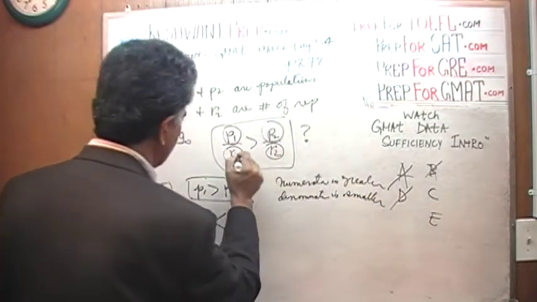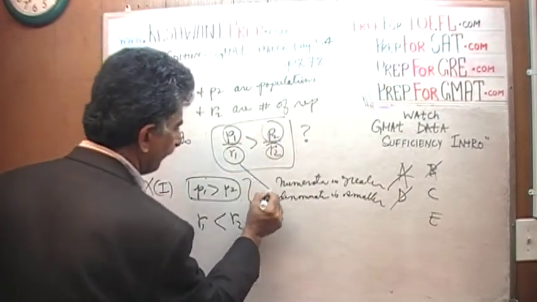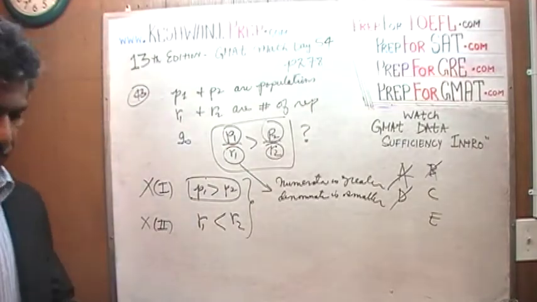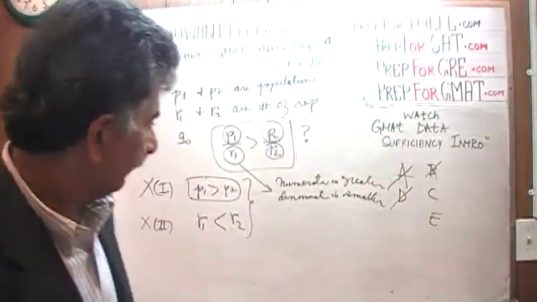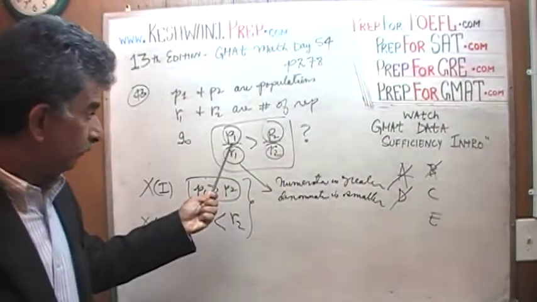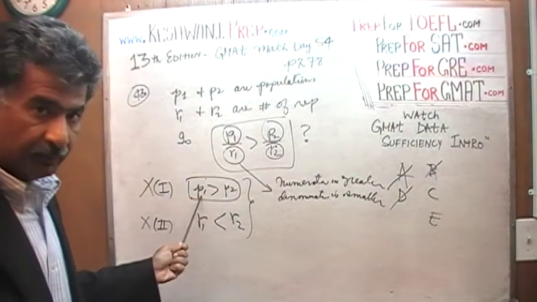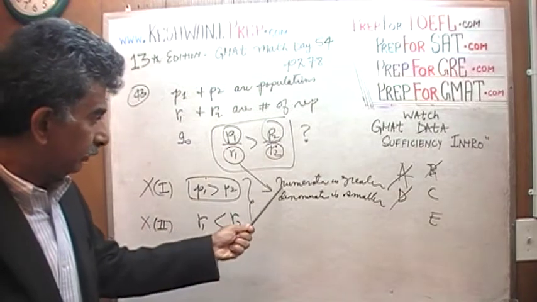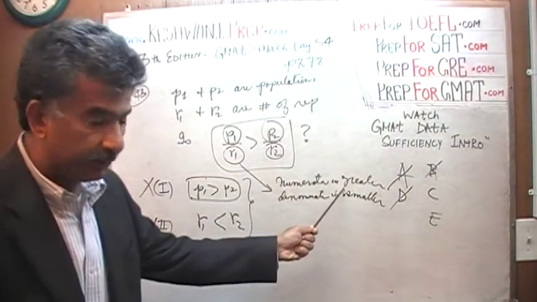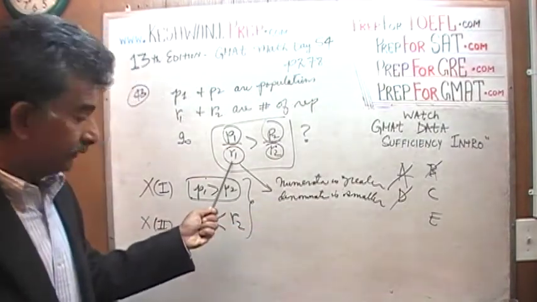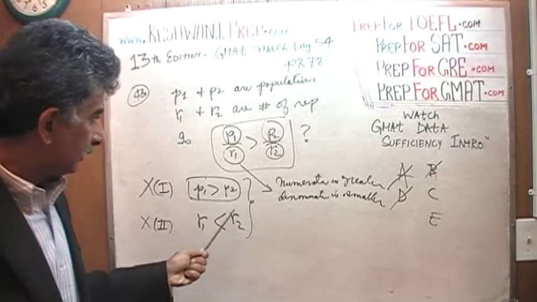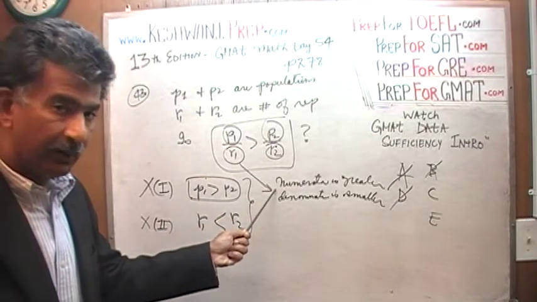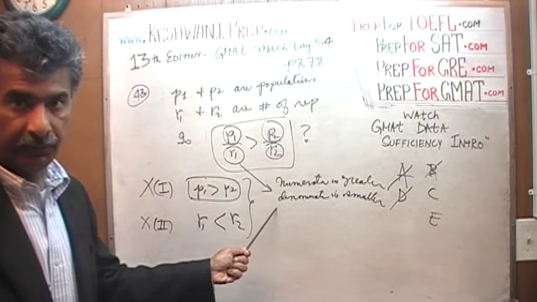We're talking about this particular ratio here. In town 1, we have more people. The population of town 1 is greater than the population of town 2. So in town 1 we have more people, the numerator is greater, and it has fewer representatives. R1 is smaller than R2. So it has more people and yet fewer representatives.